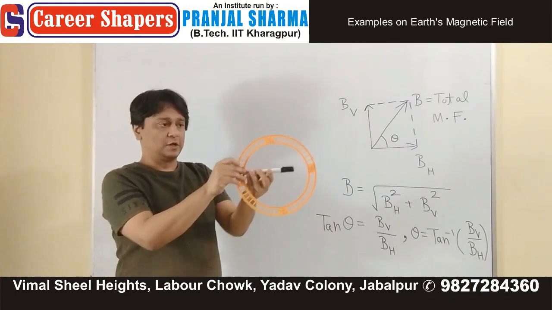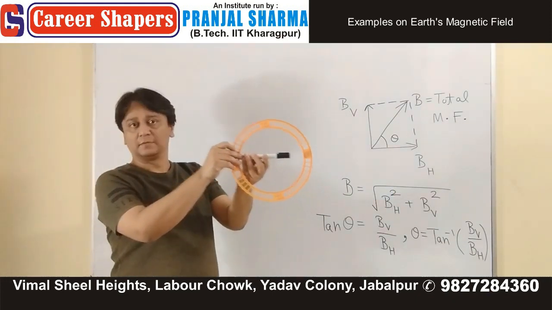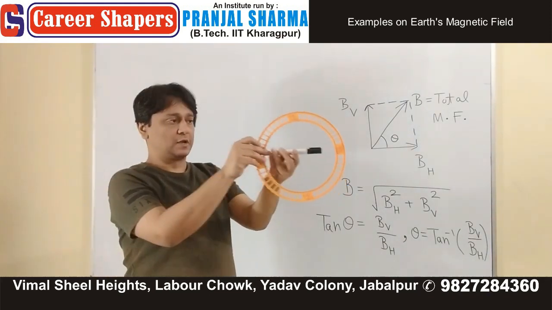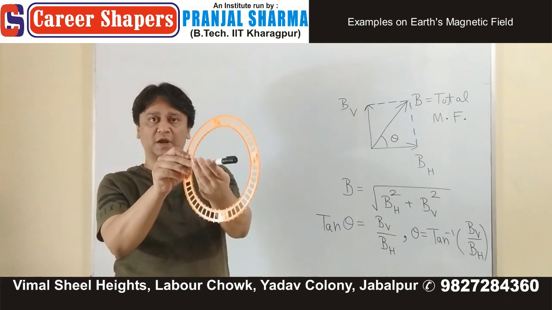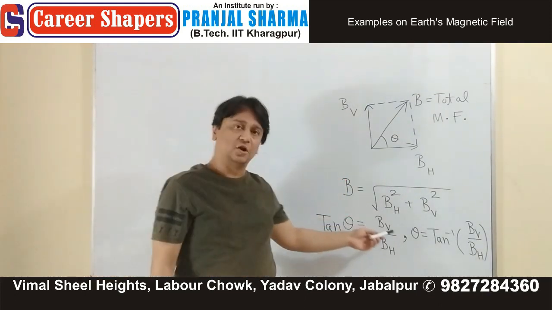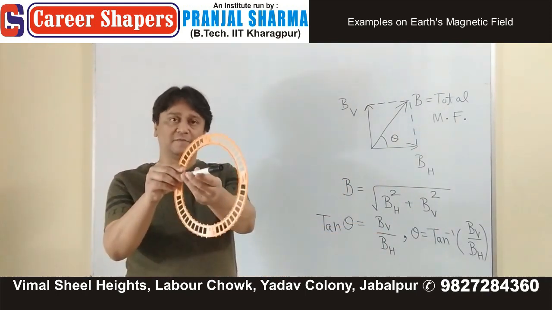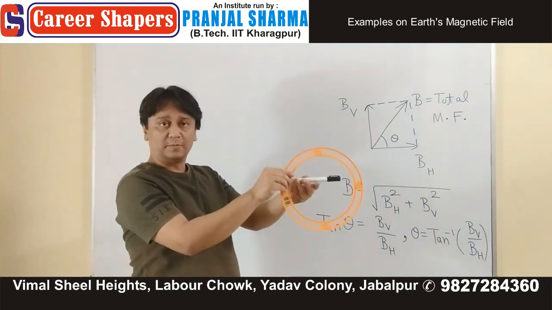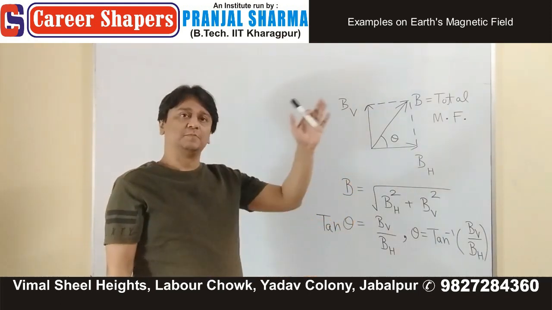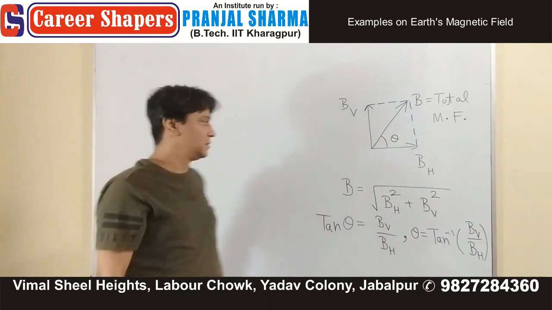Again, if you can see this in the video, if I hold the compass this way, then it will not give me the proper angle of dip. For the proper angle of dip, the compass should be held in the plane of magnetic meridian.